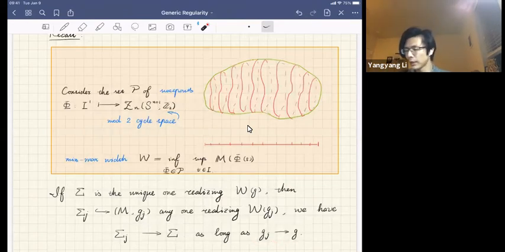Here the most important ingredient is that sigma should be unique in the given metric g.